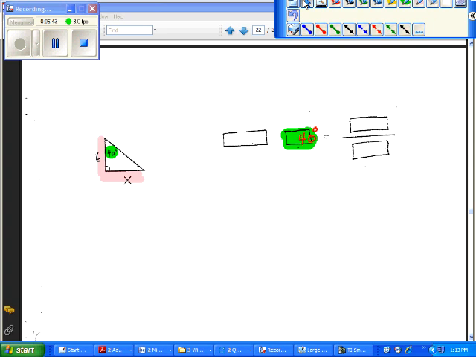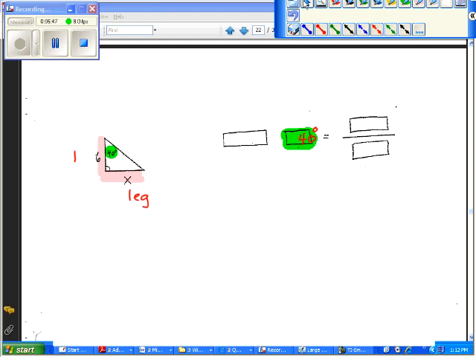Both of those are legs, because the hypotenuse is the one across from the right angle. Now, in relationship to the 40, the 6 is the leg adjacent because it's one of the rays that makes the 40-degree angle, right? And so it is the leg adjacent, and then x is the leg opposite.